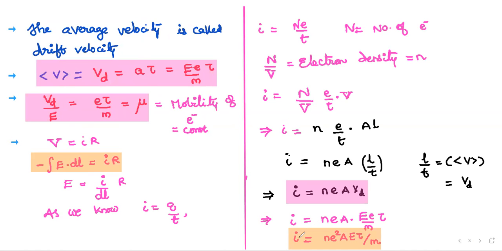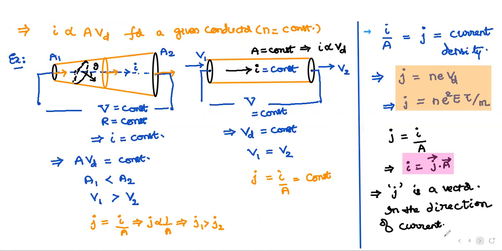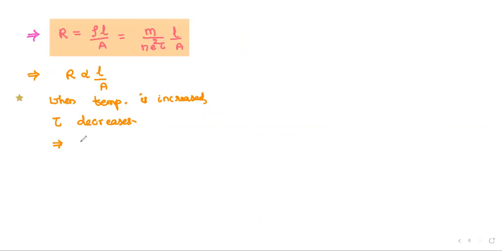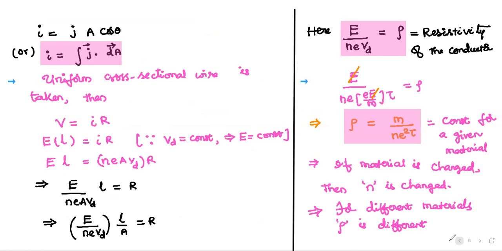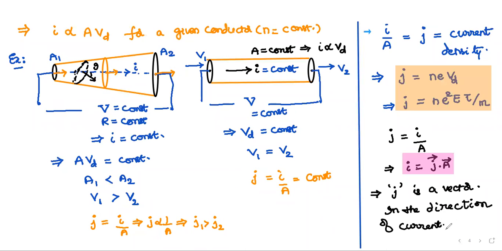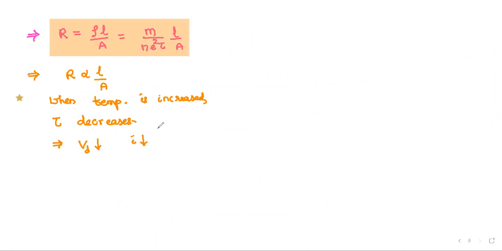Vd decreases, I decreases. We are seeing all these things in a uniform cross-sectional wire.